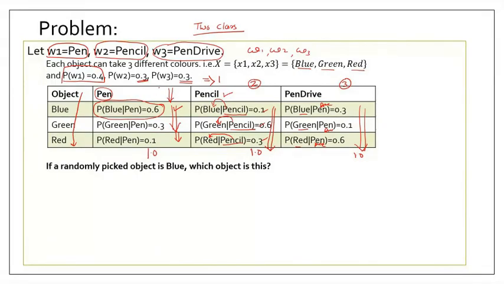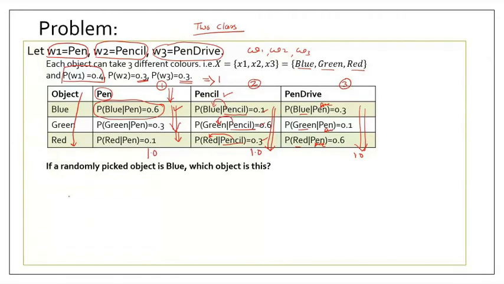So columns 1, 2, 3 are talking about individual objects and the distribution of these objects over different colors. They are talking about themselves, not about pencil and pen. This is called likelihood. So the first column is the likelihood of pen, the second column the likelihood of pencil, the third column the likelihood of pen drives.